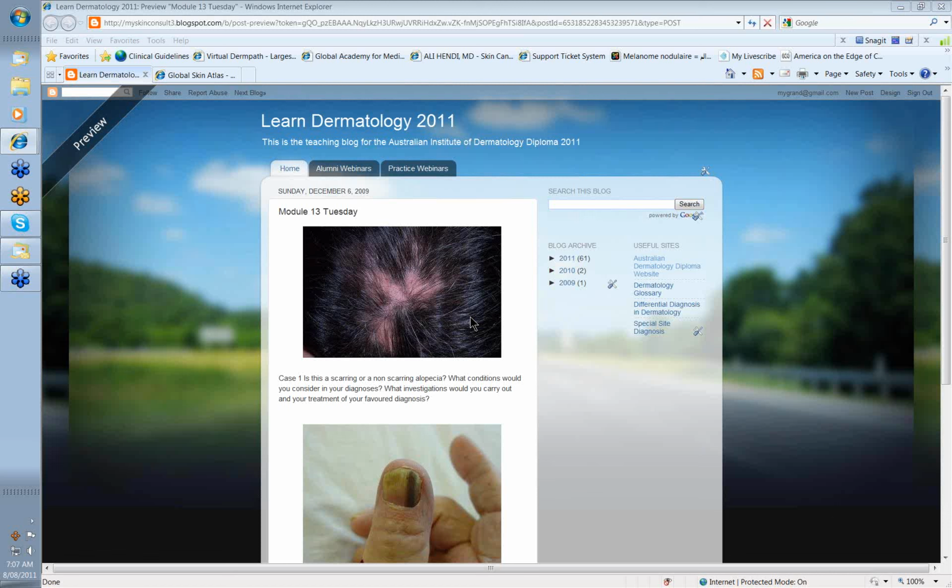The other scarring scalp conditions, I think we did that as an MCQ question last week, where we looked at the sclerodermoid variant of PCT. We talked about some of the other infective conditions like kerion that can leave scarring, and folliculitis decalvans, which I've mentioned, with the pustules around the periphery.